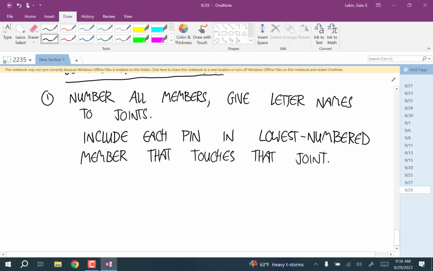Okay, what is it about the lowest numbered member? There's nothing about it. It's just a bookkeeping thing, but that's just what I'm going to do. So it'd be easier for all of us if you did the same thing that I did.